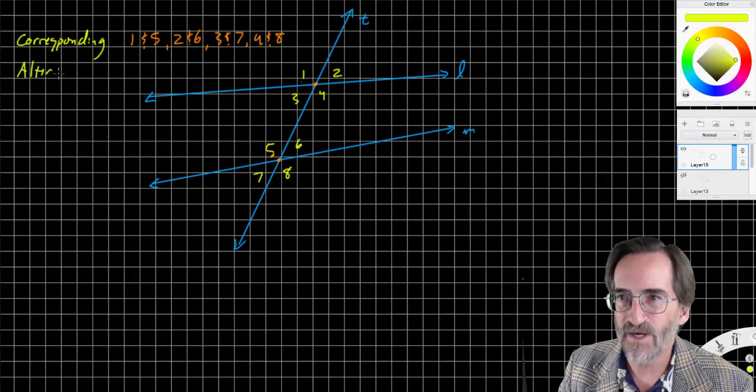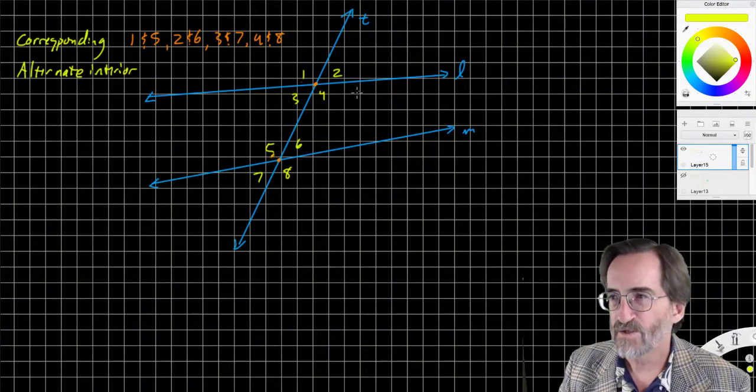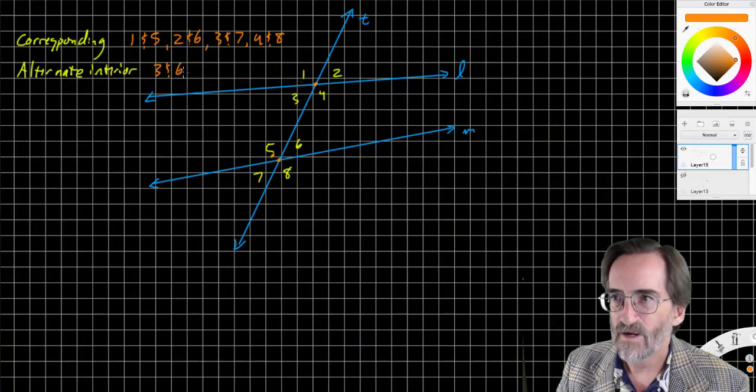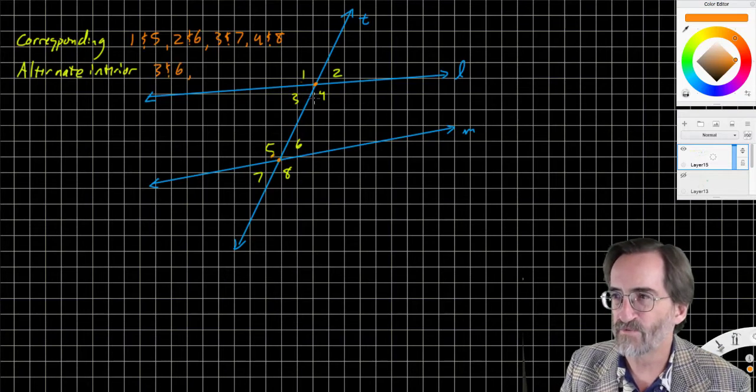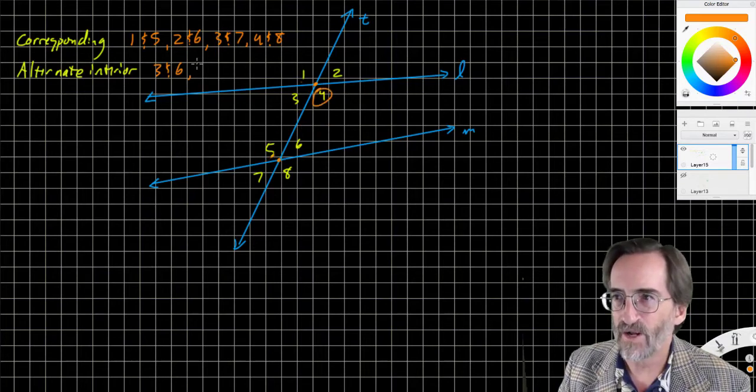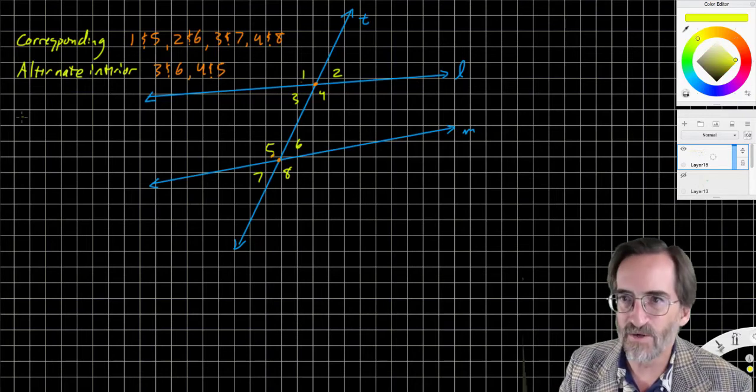Alternate on opposite sides of the transversal. So angle 3 and 6 are alternate interior because they're on opposite sides of the transversal line. And they are inside or between the crossed lines. They are interior. 4 and 5 are alternate interior angles.